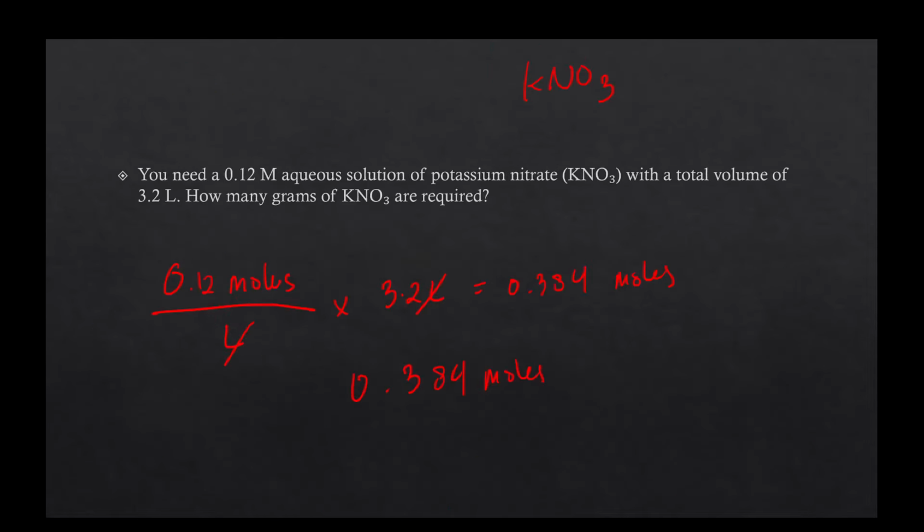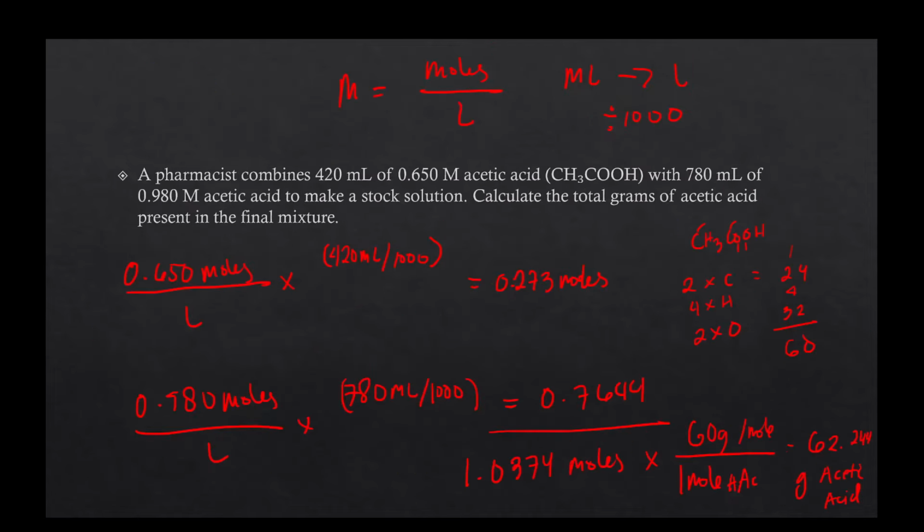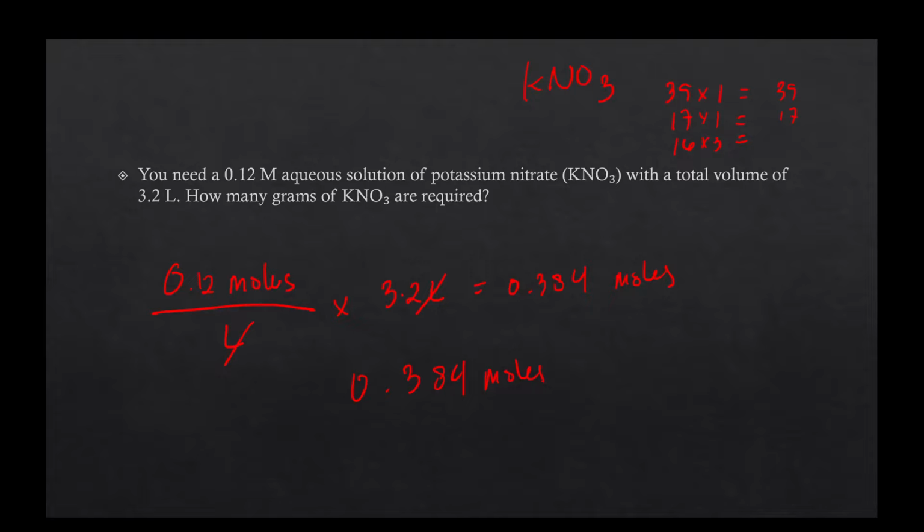Potassium is 39 times 1. Nitrogen is 17 times 1. Oxygen is 16 times 3. Nitrogen is 17, right? 16 times 3, 48. Let me check. Nitrogen molecular weight is 14.